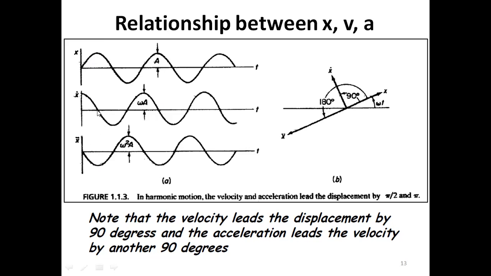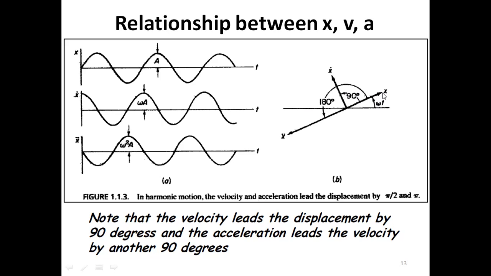And you could also see the phase angle between the velocity and displacement. So if we plot the angle between these, omega t is theta, and let's say this is the displacement vector, then the phase angle between the displacement and the velocity is 90 degrees.